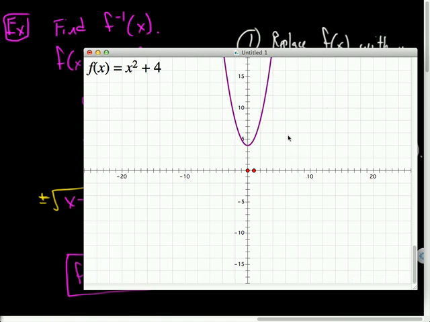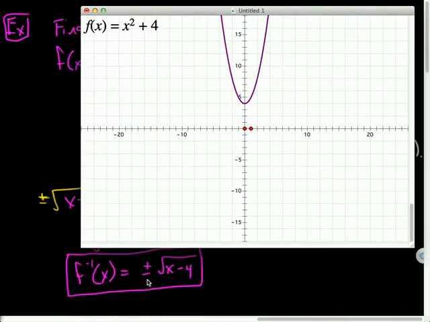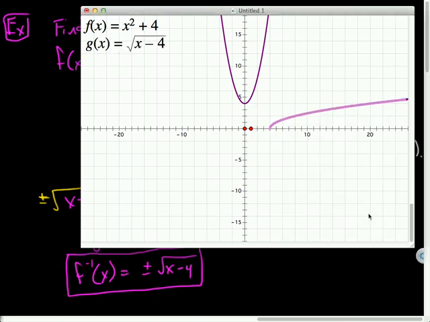And to graph its inverse, we are theorizing that the inverse is going to come in 2 parts. I believe square root of x minus 4. I'm going to have to graph the positive version of this and then the negative version of it. And you'll see why in a moment, but here's the positive version.